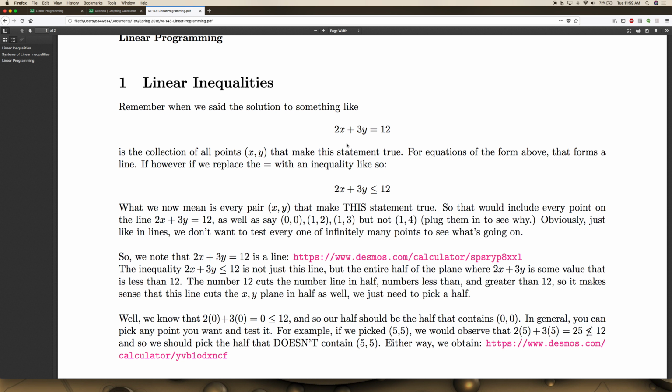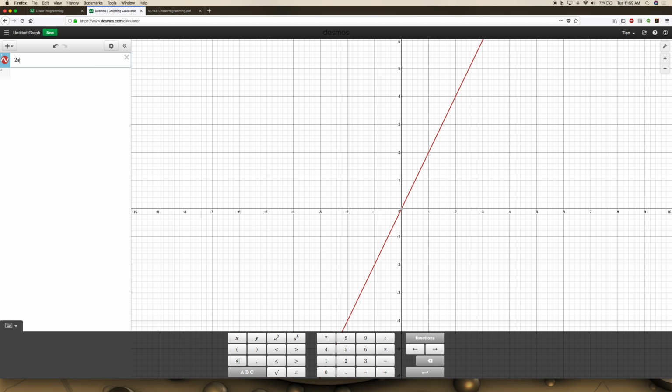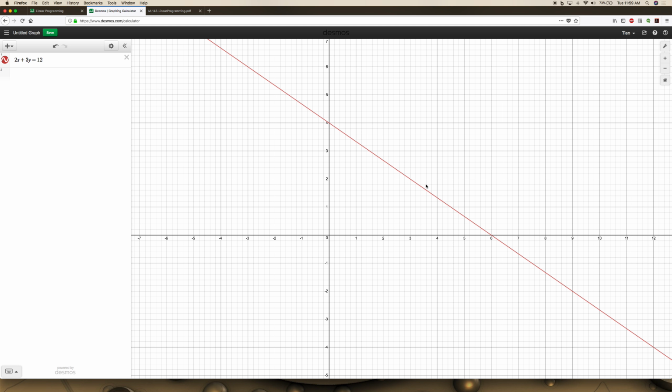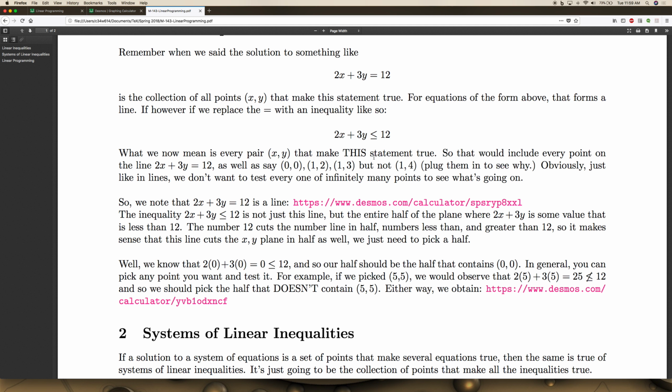When you take the collection of those points, they form a line. So we can go ahead and graph something like that, 2x plus 3y equals 12. And boom, we see here that's the line of points that make that true. Now, when we have an inequality, it means that 2x plus 3y could be 12, but it can also be less than 12.